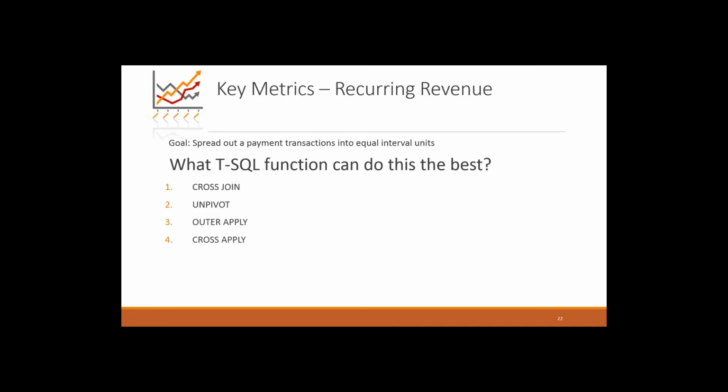I'm trying to trick you guys because almost all of them work. So we'll go through cross joins and cross applies. Cross apply is one of my favorites. I think it makes a lot of sense for this particular case where we're trying to fan out a payment into equal intervals.